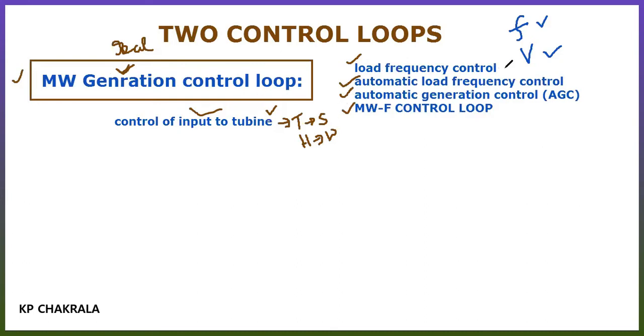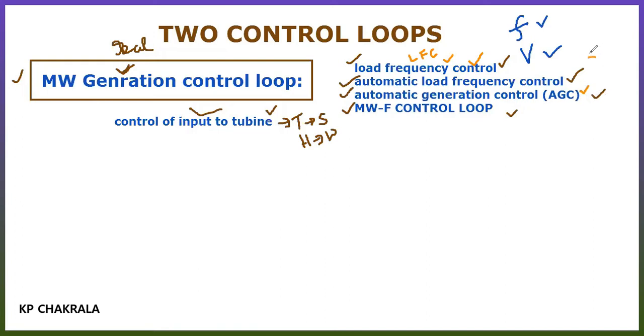This is also called load frequency control, automatic load frequency control, automatic generation control, and megawatt frequency control loop. Some use load frequency control in a simple manner, LFC. In Modern Power System Analysis by Nagrath and Kothari, they used the term load frequency control, and in Allen J. Wood's book, he used automatic generation control.